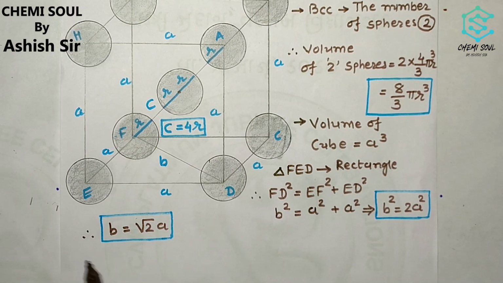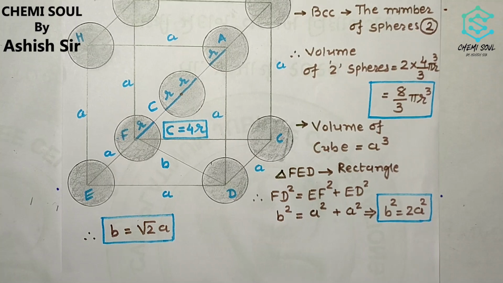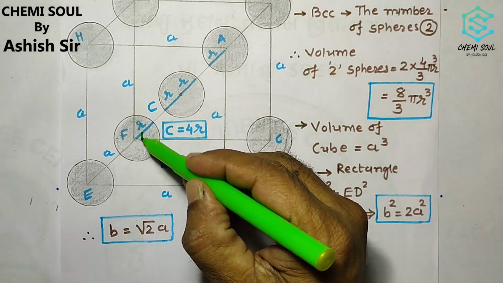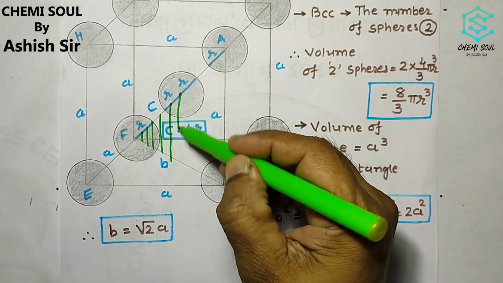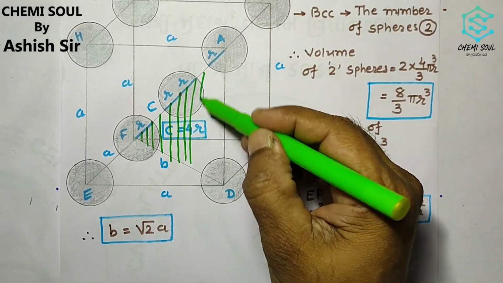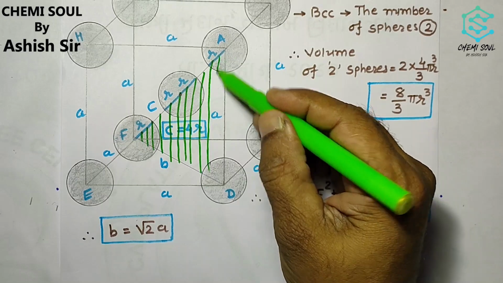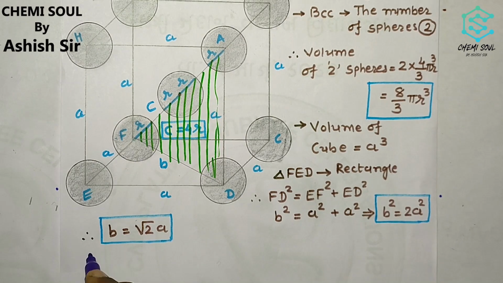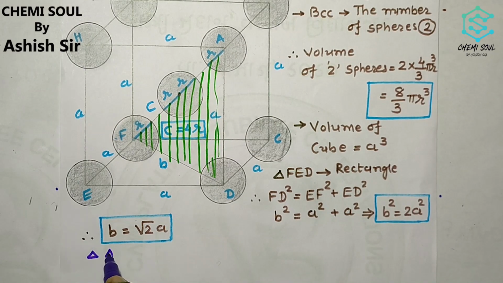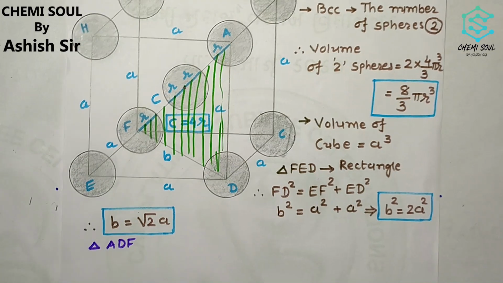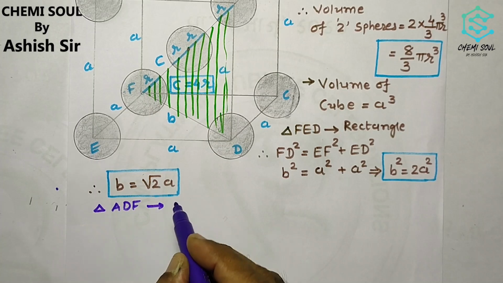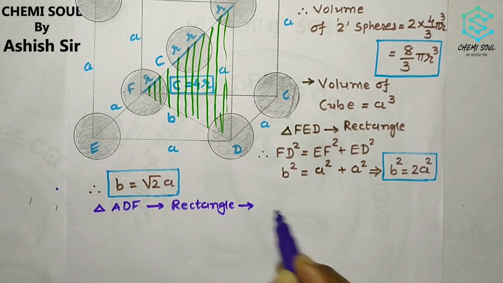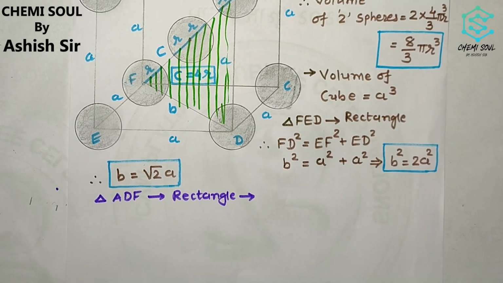Our next point is triangle ADF, which is also a right triangle, so we can apply the Pythagoras theorem again.